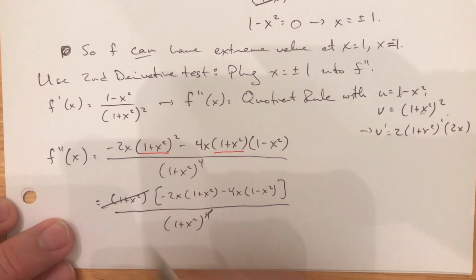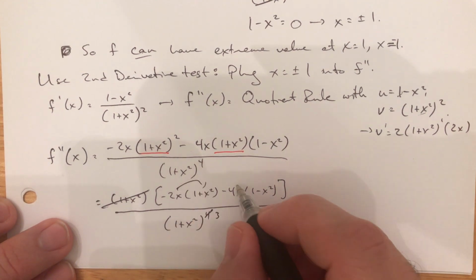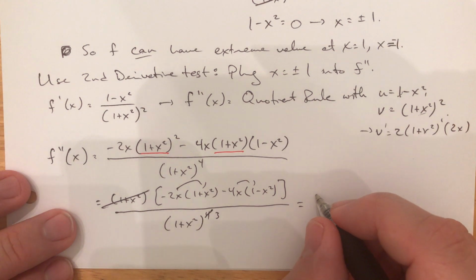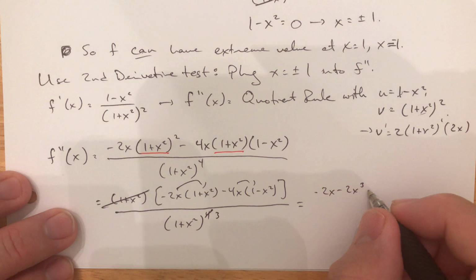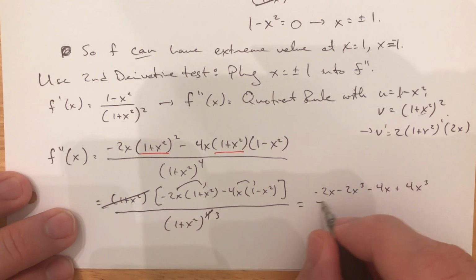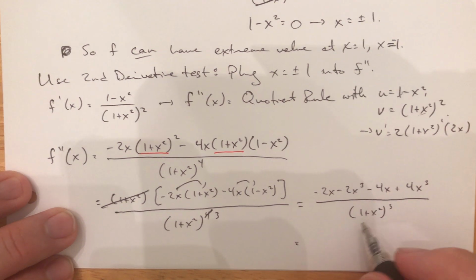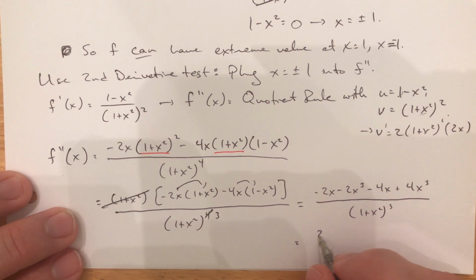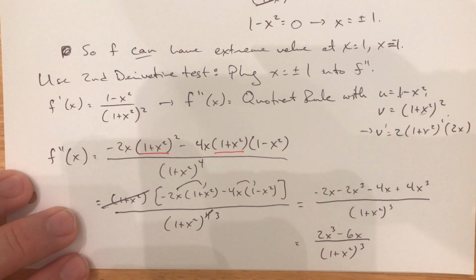We can reduce that to a 3rd power, distribute, and we get negative 2x minus 2x cubed minus 4x plus 4x cubed all over (1 plus x squared) cubed. And in our like terms, we get 2x cubed minus 6x, all over (1 plus x squared), all of that cubed.